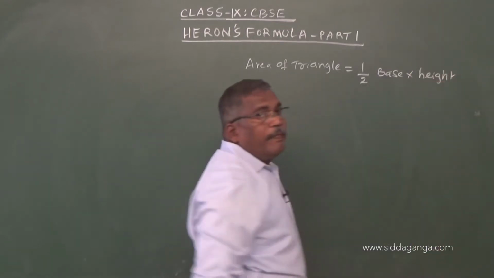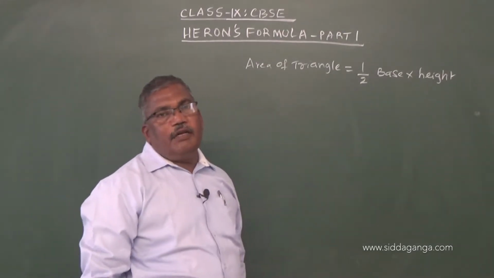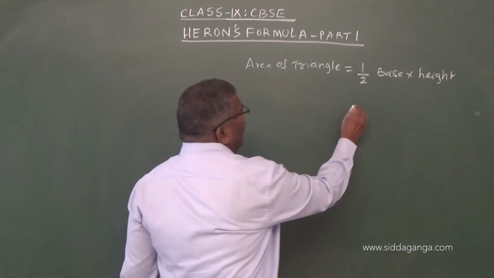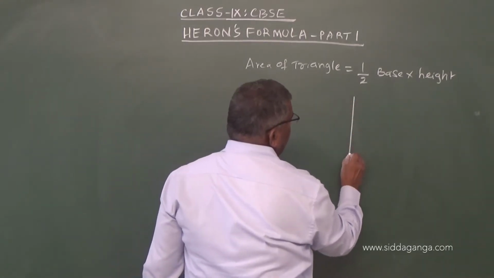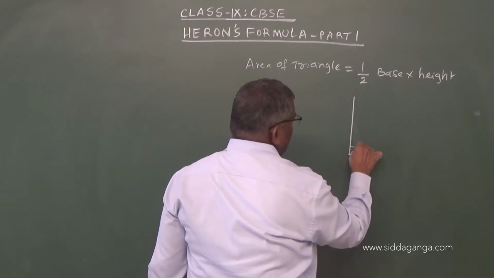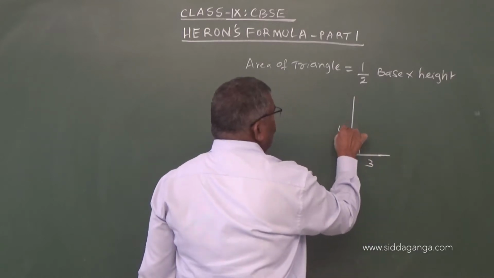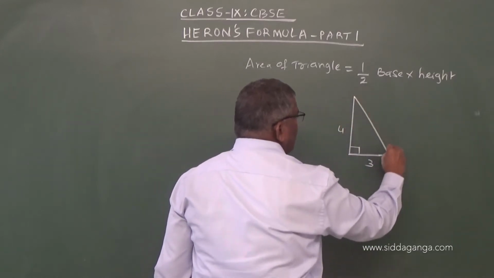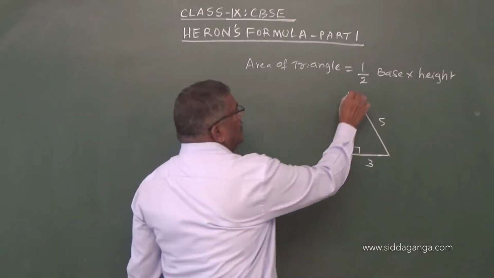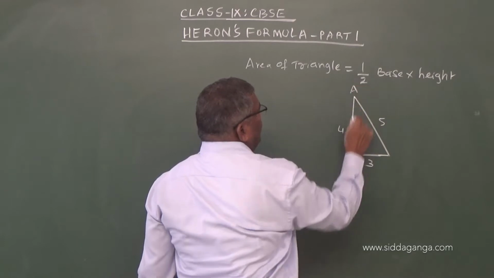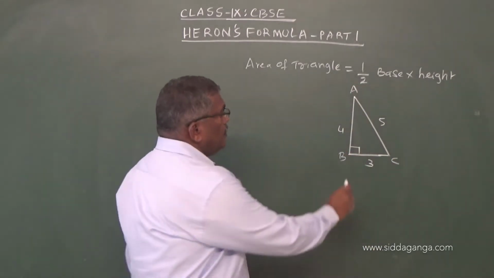Suppose we have a right angle triangle with sides 3, 4 and 5, with vertices A, B, C. Here the base is 3.